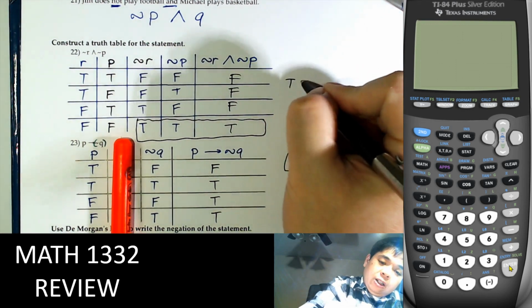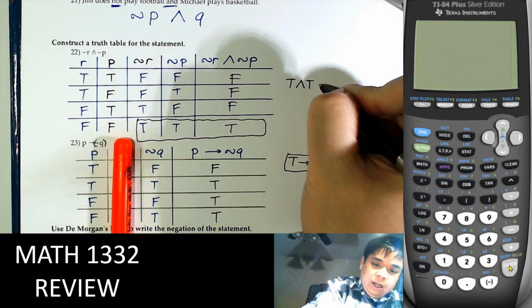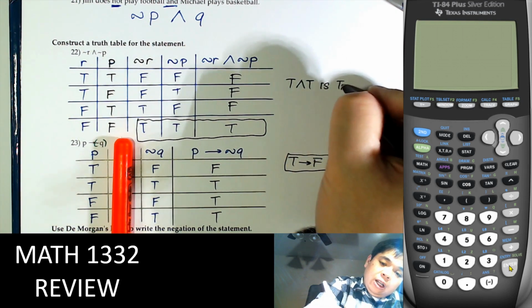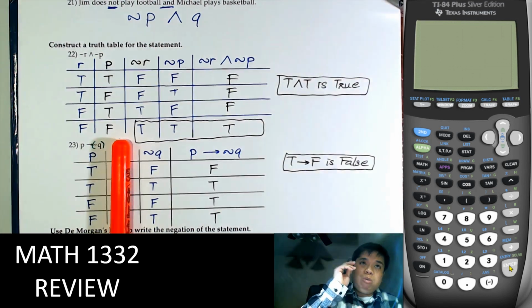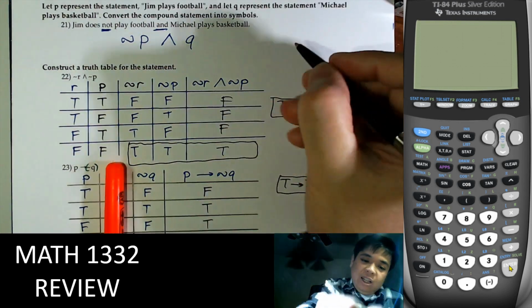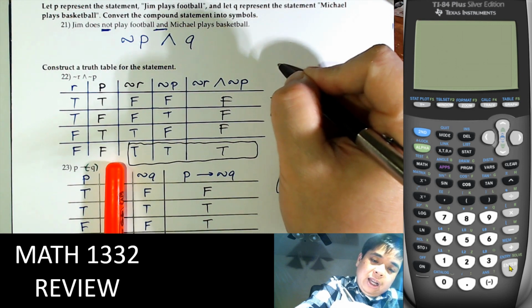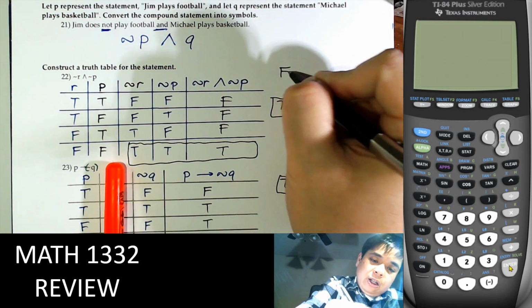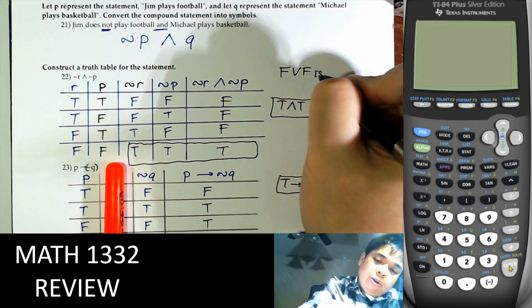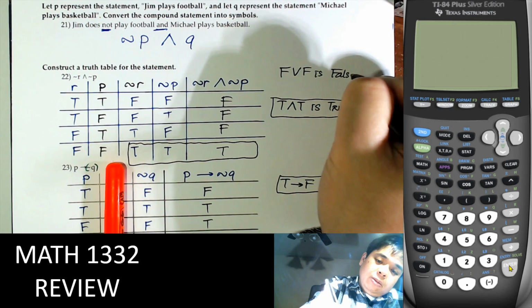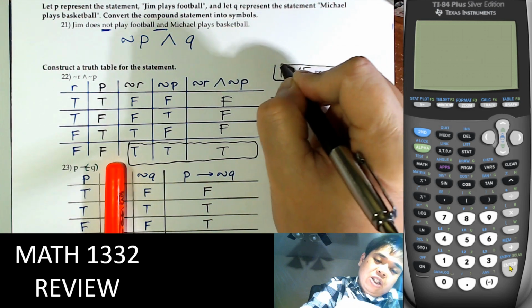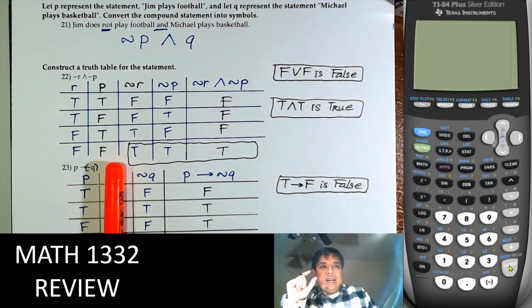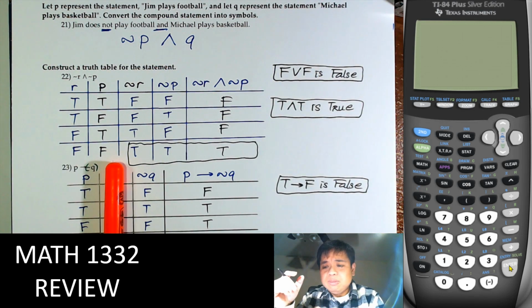For the conjunction, this is true. Everything else is false. Just need to know one, and we can remember the rest of them. And then for the disjunction, false or false is false. Everything else is true. So we only need to remember one case, and then the rest is just the opposite.